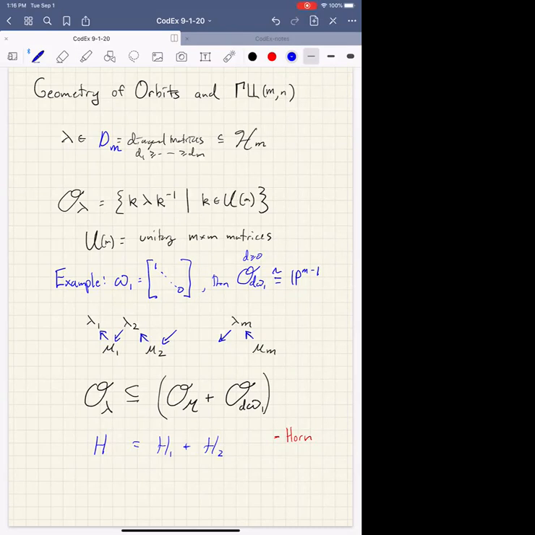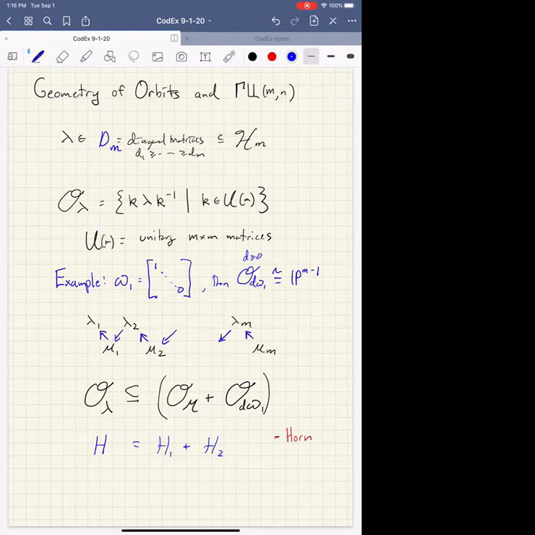So given such a guy, which is like the potential set of eigenvalues for a Hermitian matrix, we can look at the orbit through that diagonal matrix. In other words, all of the M by M Hermitian matrices that have that tuple as its spectrum, where the orbit is taken under conjugation action by the M by M unitary matrices, which is a nice compact Lie group.